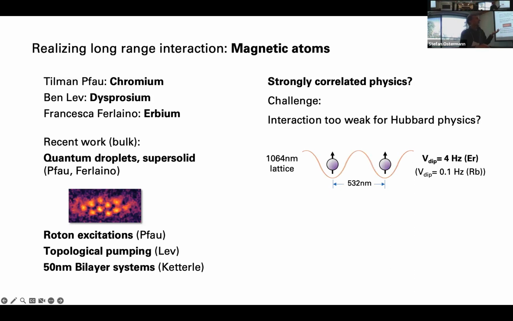It doesn't look that good if you start thinking about it, right? For rubidium atoms, for example, in a normal optical lattice, the interaction is about 0.1 hertz, so we can always safely neglect that. Using the magnetic atoms, of course, you can boost that. For erbium, this could be like 4 hertz, for example. So becoming non-zero, right? But it's still very small.